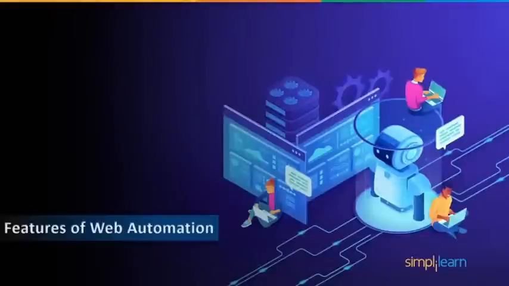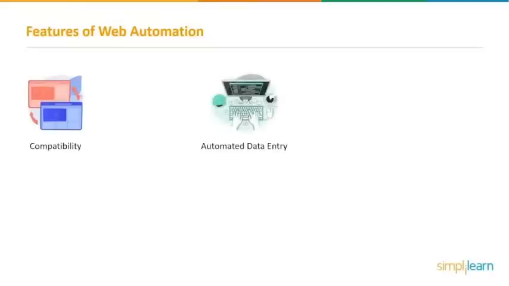Features of web automation in UiPath. UiPath is compatible with all web technologies. It is compatible with HTML, Ajax, Java, Silverlight, and PDF. Automated data entry: data entry from an Excel spreadsheet to a website can be automated in UiPath. It provides simple web testing.